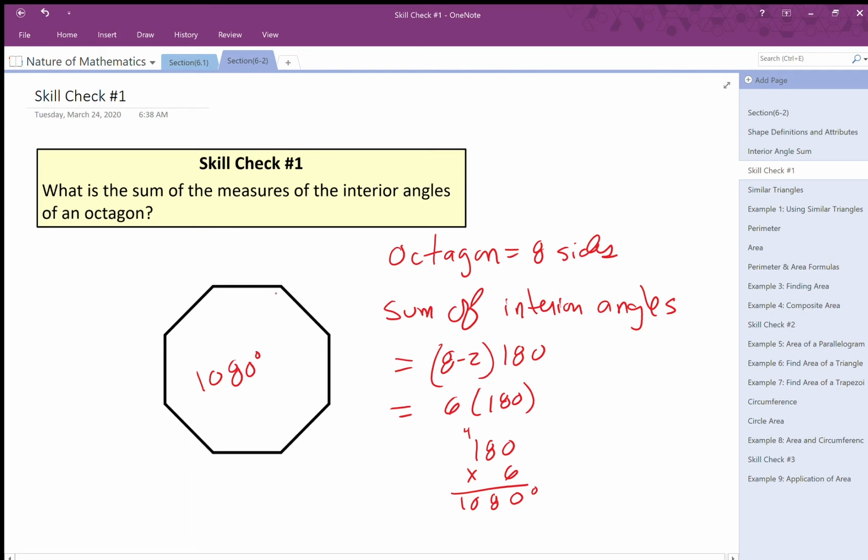That is what you get if you add angle 1 to angle 2 to angle 3 to angle 4, 5, 6, 7, and 8. If you add those 8 angles up, they will add up to be 1080 degrees.